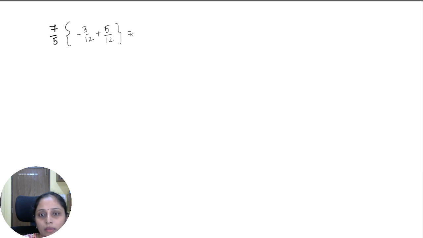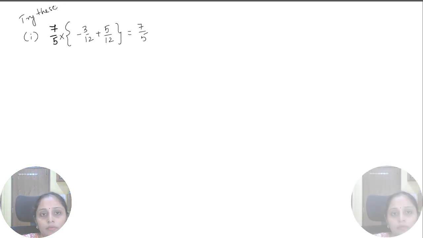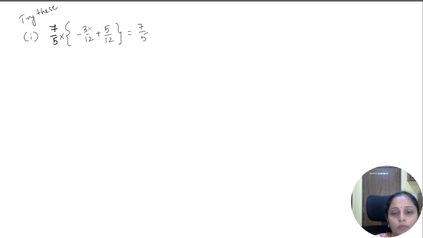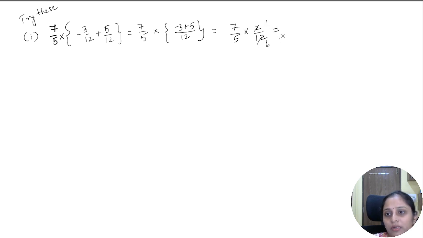Now I am going to get 7 by 5 into, since I have the same denominator, I can simply add the numerators. This will give me 7 by 5 into 2 by 12, which on simplification gives me 7 by 30. So this is the answer for the first question. Next question.